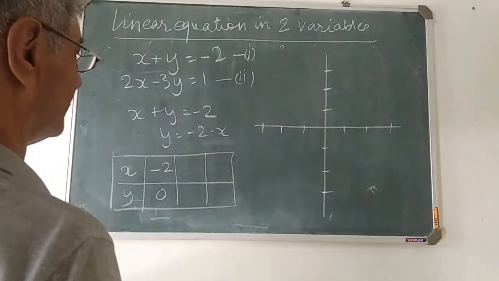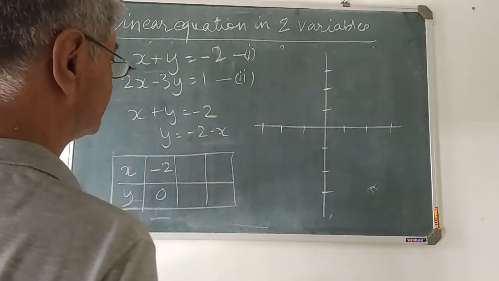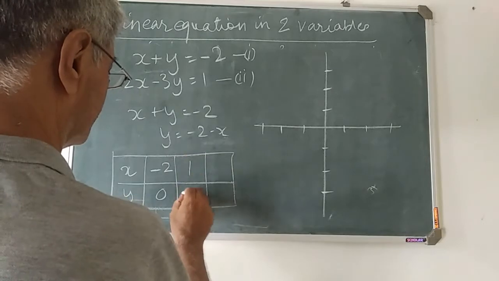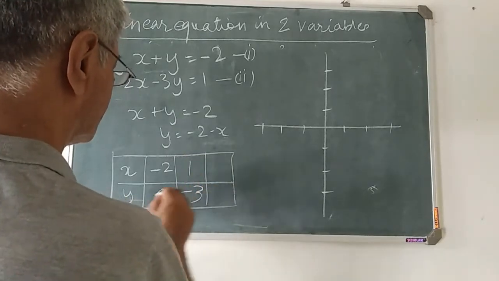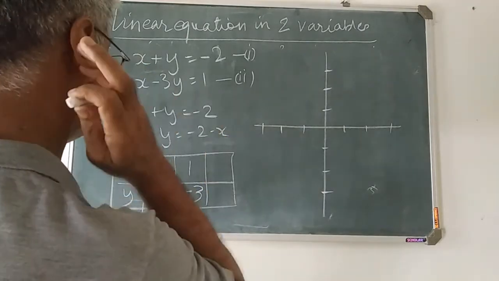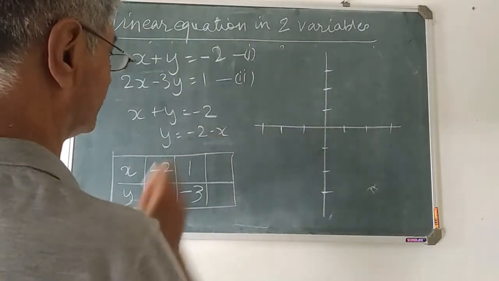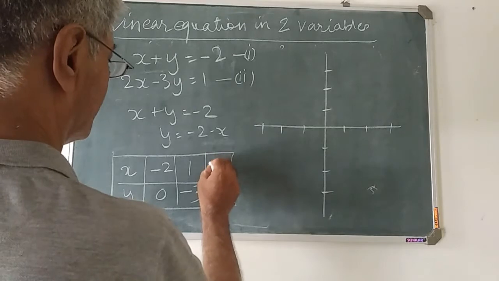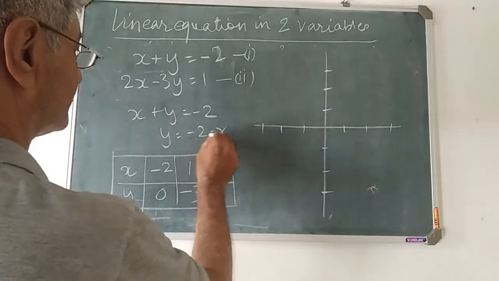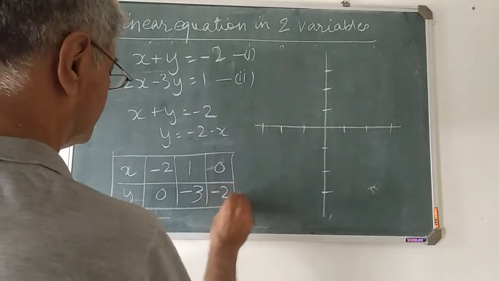Let us take x as 1. Minus 2 minus 1 will become minus 3. Let us take x as 0. So minus 2 minus 0 is minus 2.